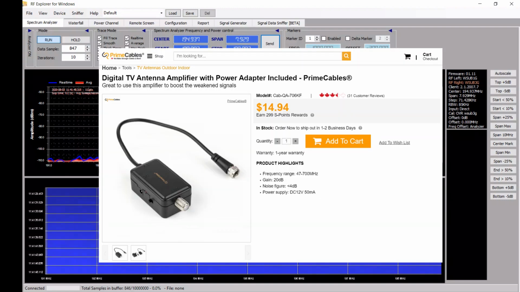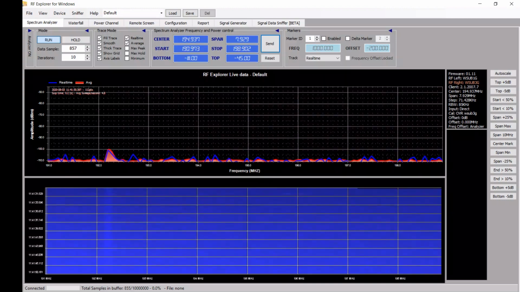I'm not quite sure, but it doesn't really matter. All right, so I have the amplifier connected, but I don't have it turned on, and it is interesting because you do see the peak here, but it's at minus 99 dB. So without the amplifier turned on, as expected, it's attenuating things.